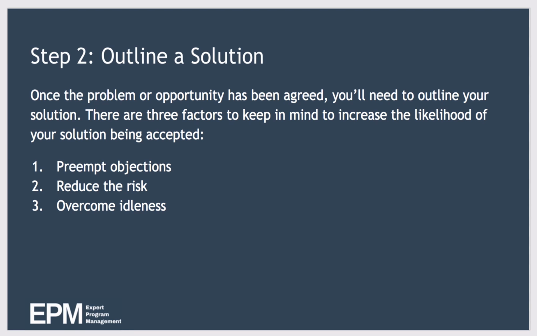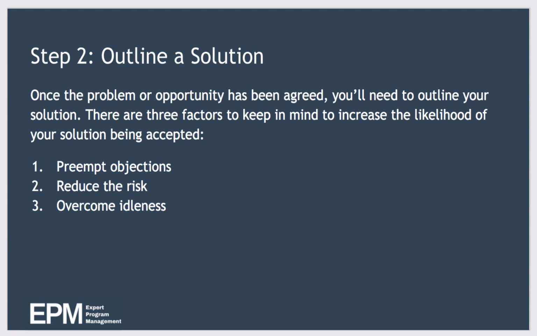So think about the objections that people are likely to have in advance, and then try and address them during your solution. Now, if you have problem individuals who you think will be hard to win over, you may wish to speak with them one-on-one before you try and, for example, present your proposal to a group. And that will stop the meeting being disrupted with their objections in front of the rest of the group.